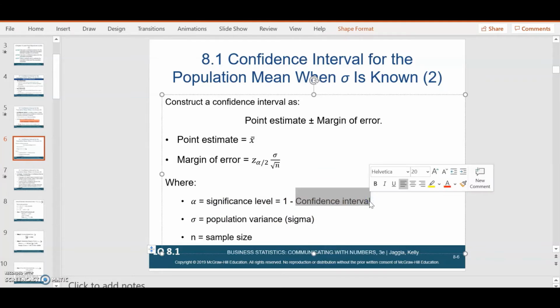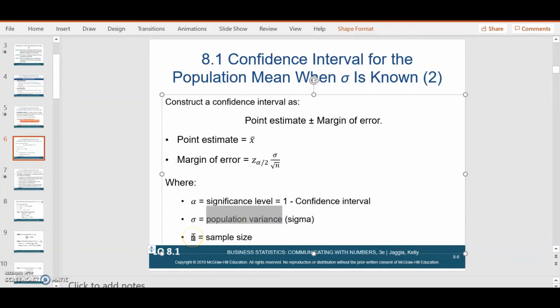Later I will show you how to determine or obtain the significance level based on certain confidence interval given in the question. While here we have a sigma that shows the population variance.